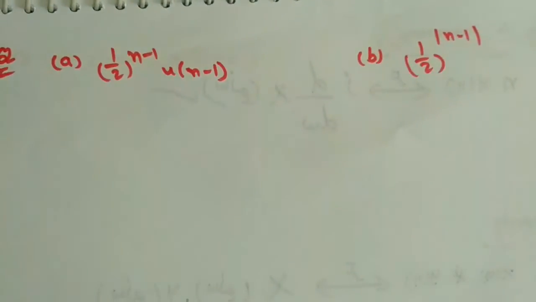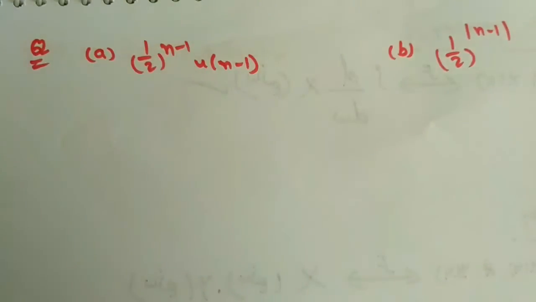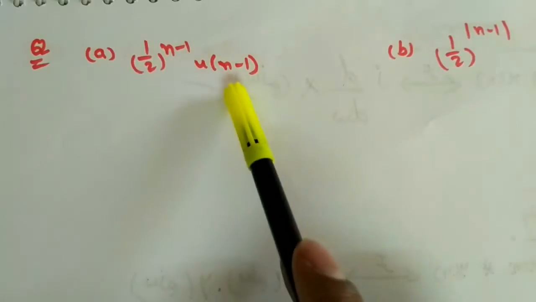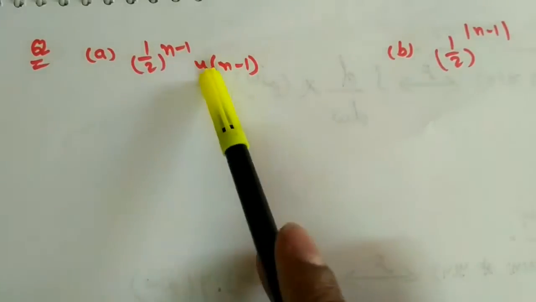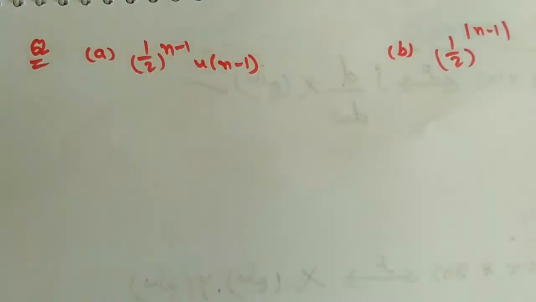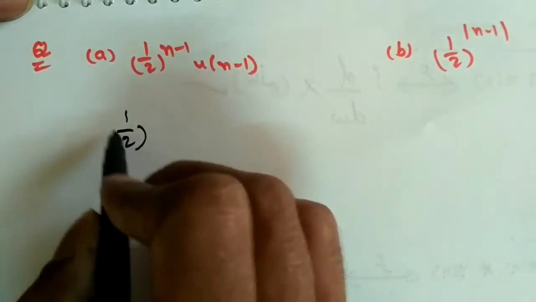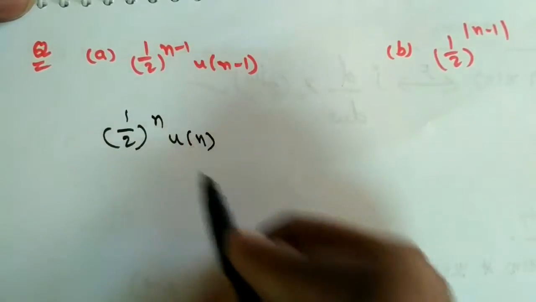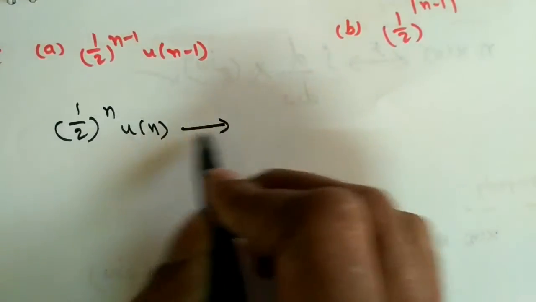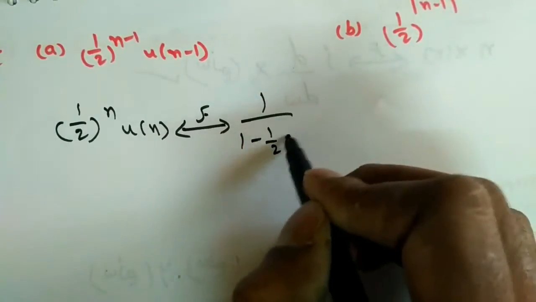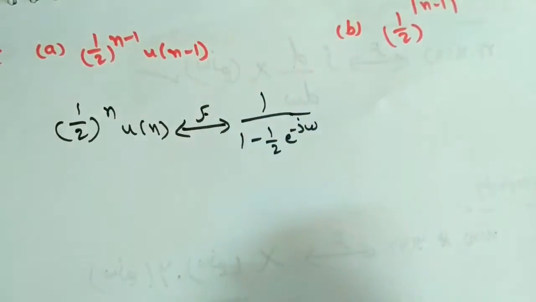on these properties. Now, how to do these? Suppose the question is given like this: 1 by 2 power n minus 1 u of n minus 1. It looks like a time shifting property. First we find the transform without the time shift, that is 1 by 2 power n u of n. This is a basic signal, so we know the Fourier transform is 1 by 1 minus a into e power minus j omega.